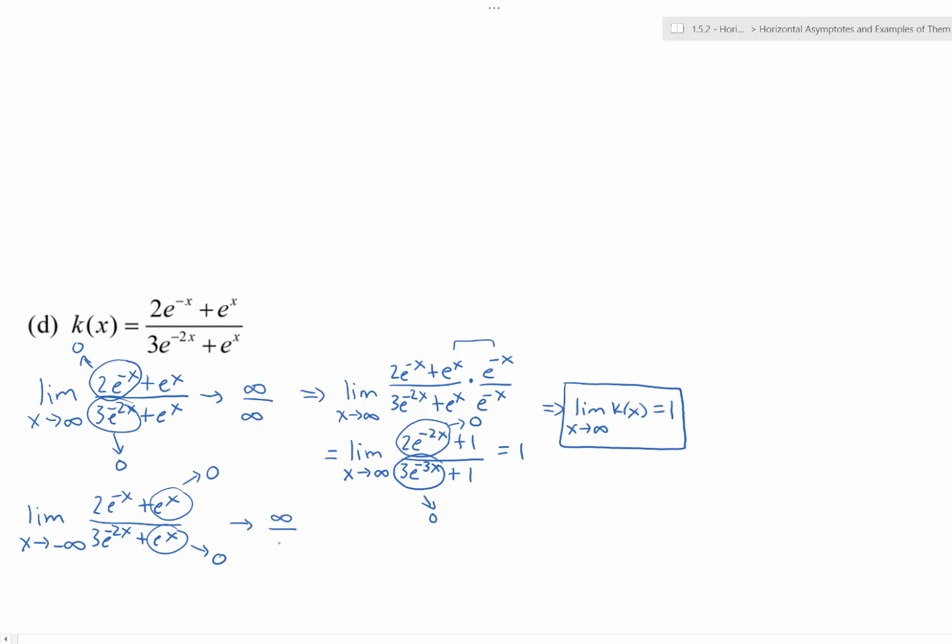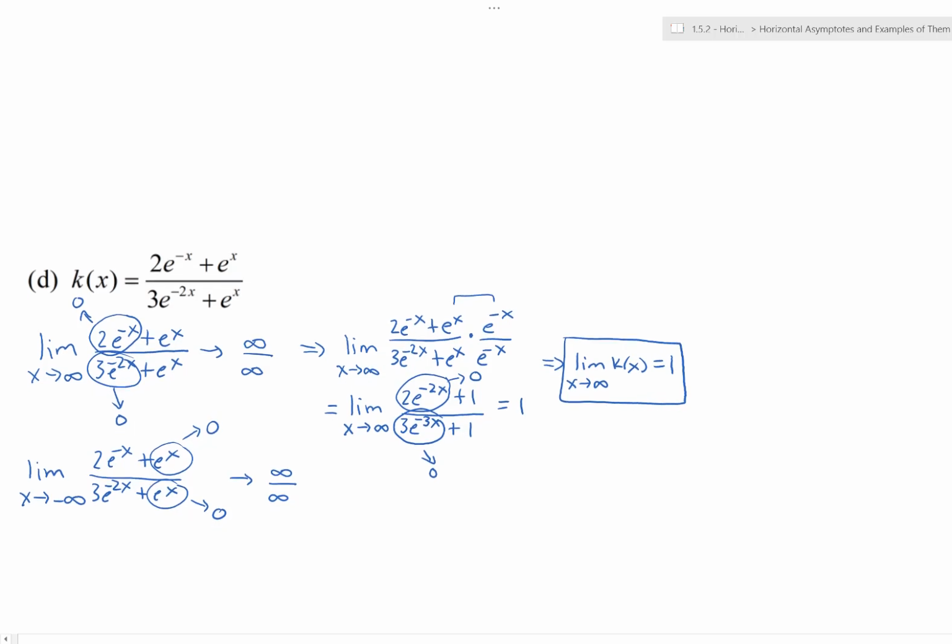And this again goes to this indeterminate form, infinity over infinity. So now the problem becomes these powers of e to a negative x and negative 2x powers. So we could try something similar to what we did in the last part, and multiply this function by some power of base e that helps us manipulate it so that we get something that is non-indeterminate.